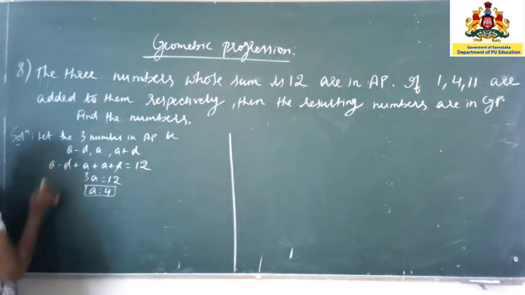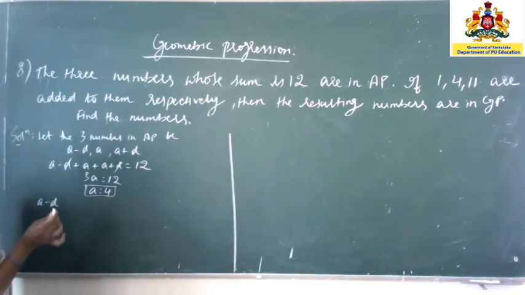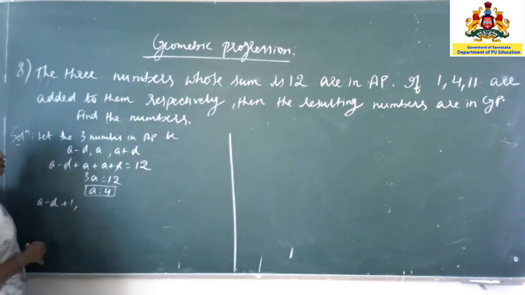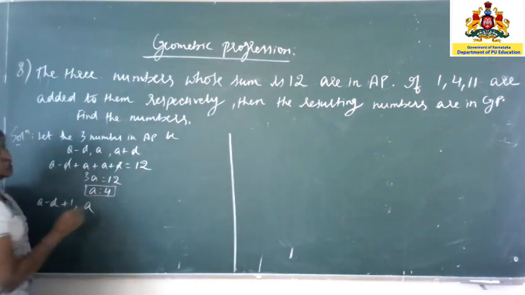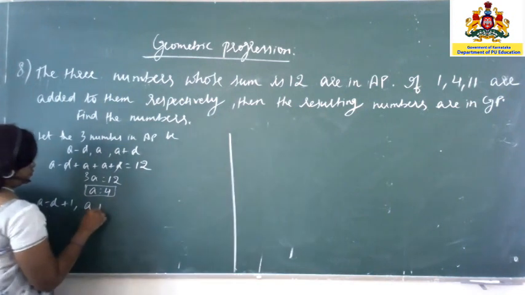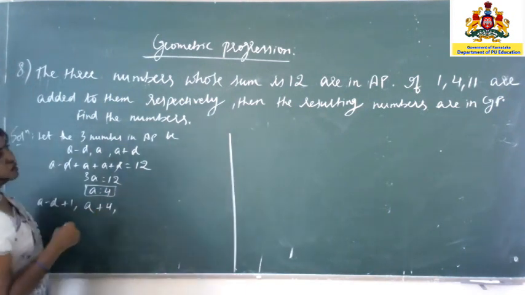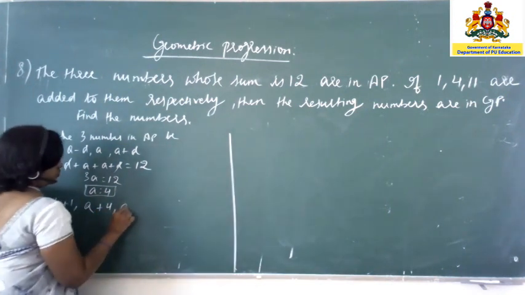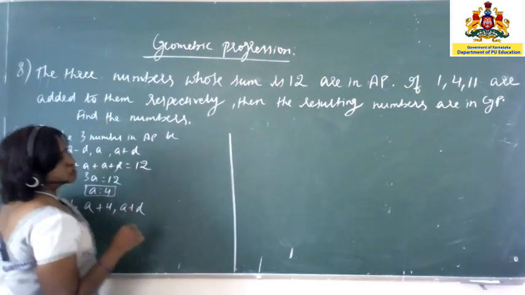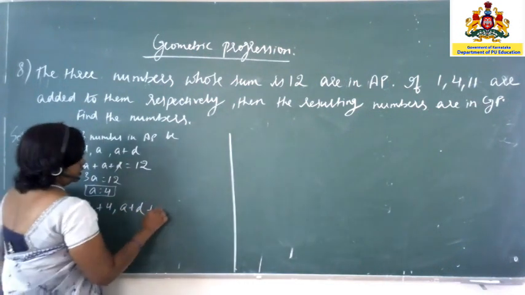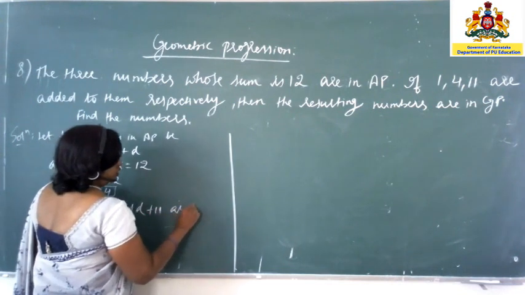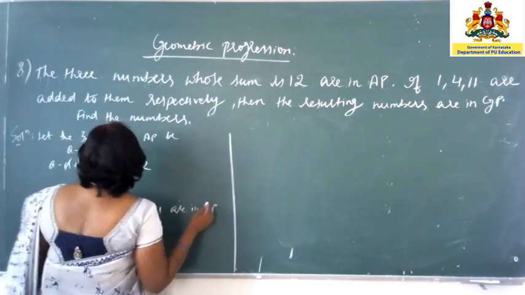So therefore a minus d plus 1, a plus 4, then a plus d plus 11 are in GP.